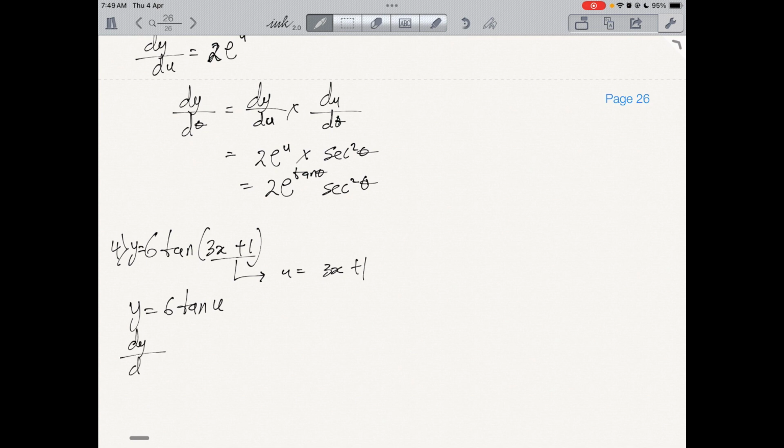We can evaluate dy/du just like we can evaluate du/dx. Now evaluating dy/du, we have 6 sec squared u, because differentiating tan u will give us sec squared u, and differentiating 3x plus 1 will simply give us 3.